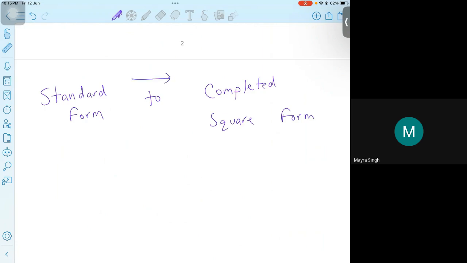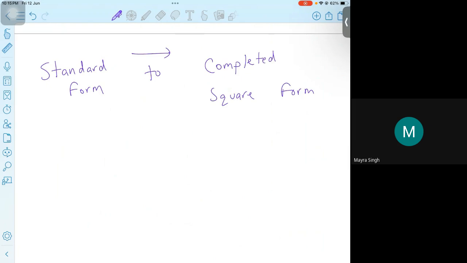For this conversion, we obviously have to start with the standard form. And this is a very, very common question in the paper. Let me just write the format of the question for you, so it feels familiar when you later on do this in your actual paper.